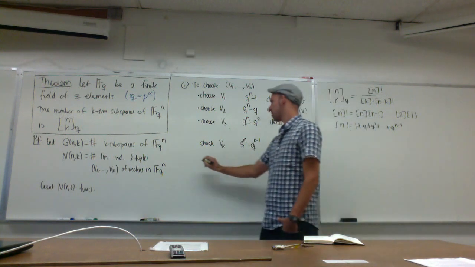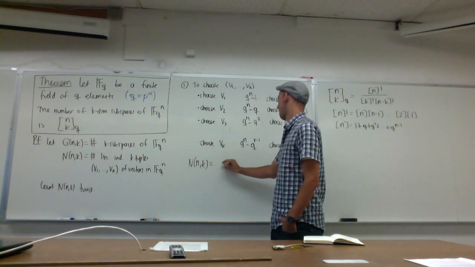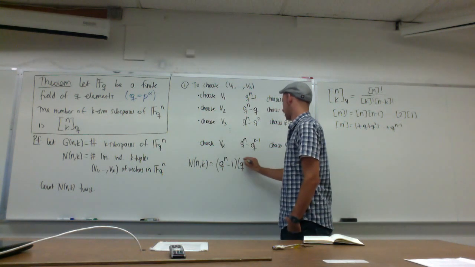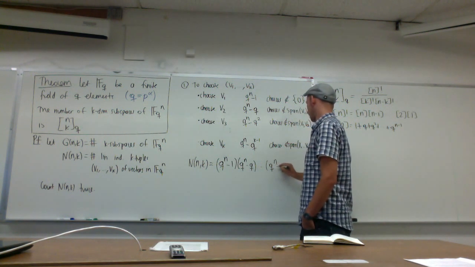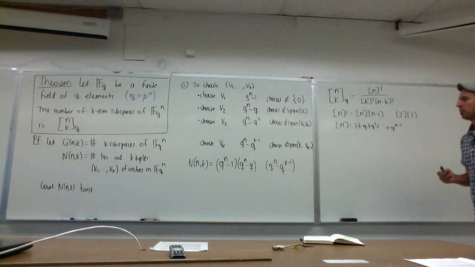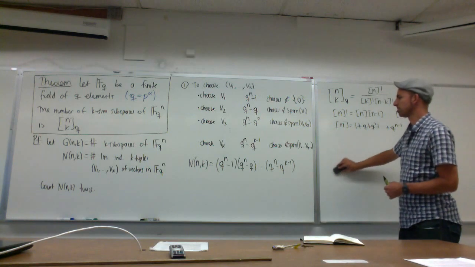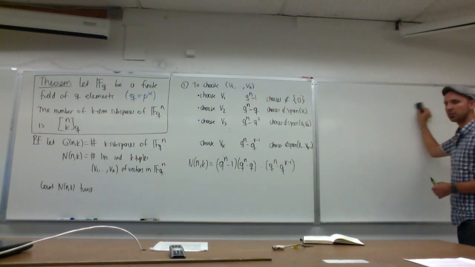And so that means that n of nk is the product of these numbers. That's n of nk. So that's the first way of counting it.